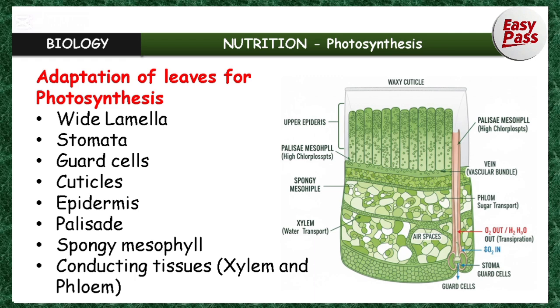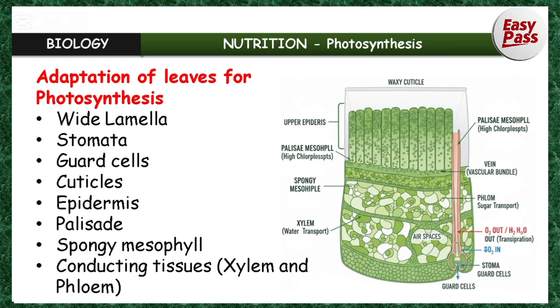Epidermis is a thin layer, thin membrane on the surface of the leaf. It is very thin and very transparent, allowing light energy to traverse through it into the leaf's internal environment. So the epidermis also plays a vital role in the adaptation of the leaf for photosynthesis.